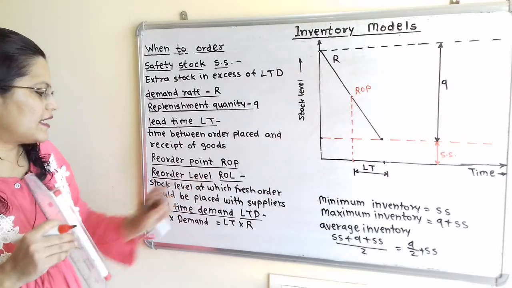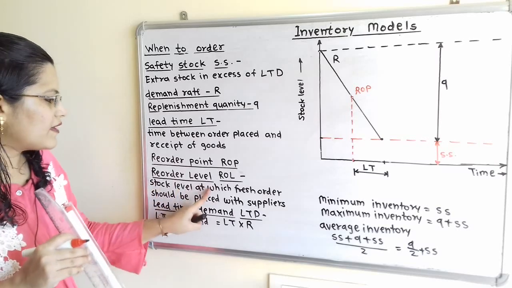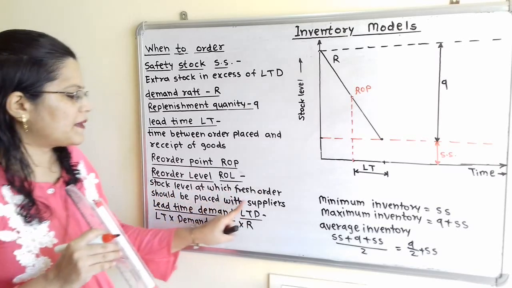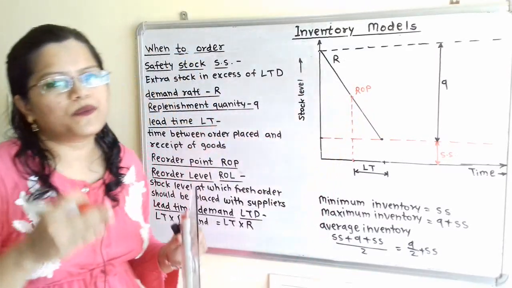Then reorder level. So how to decide the reorder level? That is the stock level at which a fresh order should be placed with suppliers. So at this reorder point we have to place the order.